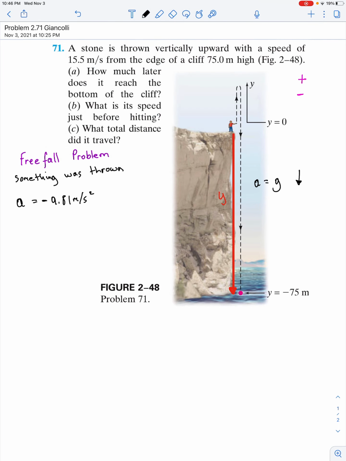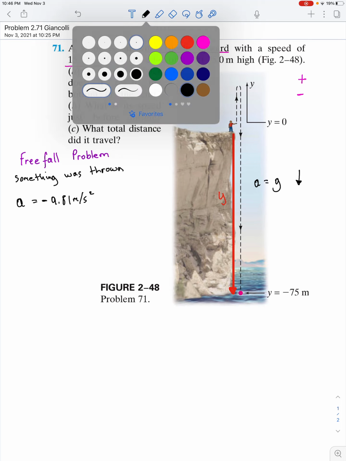Okay? Now once I've done that, I've gone through the little stuff I need to go through, then I go, okay, let me go through and underline things as I read. The stone is thrown vertically upward, so okay, it's going up with a speed of 15.5 meters per second. So since there's an acceleration, as we have stated in previous videos, there must be an initial velocity, a final velocity, and time. So which one of these is this? This must be my initial velocity.